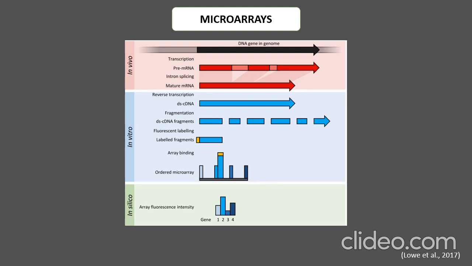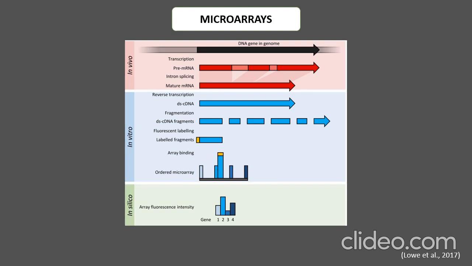Now let's discuss further the principle of microarrays. Microarrays can be further divided into three compartments: in vivo, in vitro, and in silico. I'm quite sure that most of you know what in vivo and in vitro are, but what is in silico?